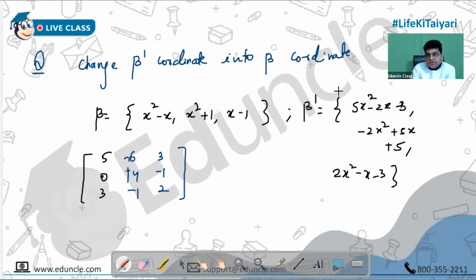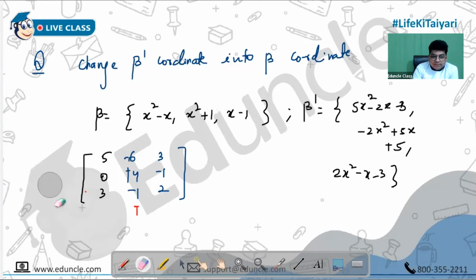The matrix should convert beta to beta dash, it means this is a linear transformation. What is the linear transformation? Basically, you can multiply, this is like T of beta is equal to beta dash. Let this be a matrix T, so multiply this.